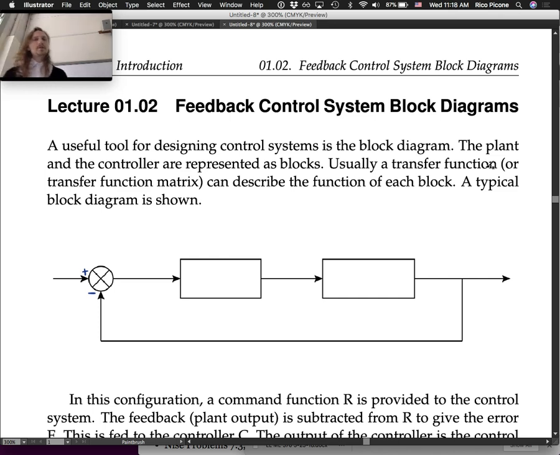A useful tool for designing control systems is the block diagram. The plant and the controller are represented as blocks. Okay, so this will be the plant.